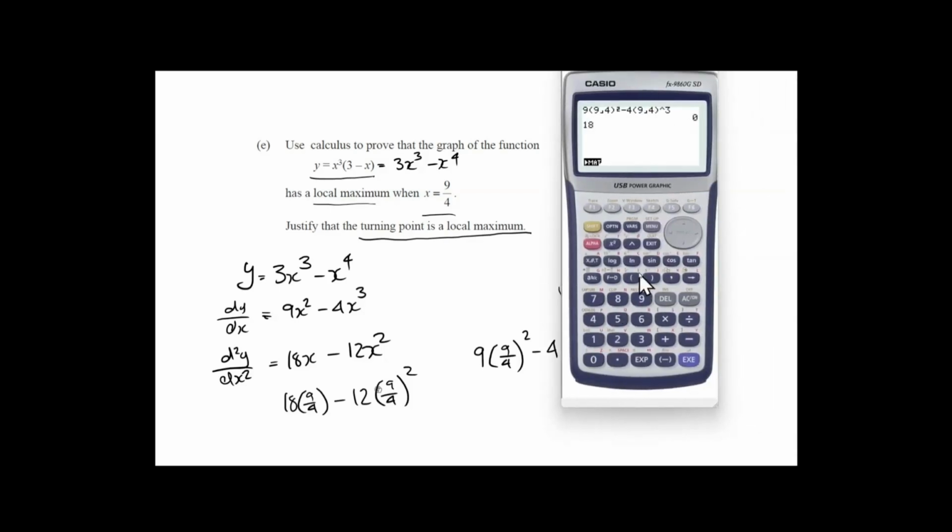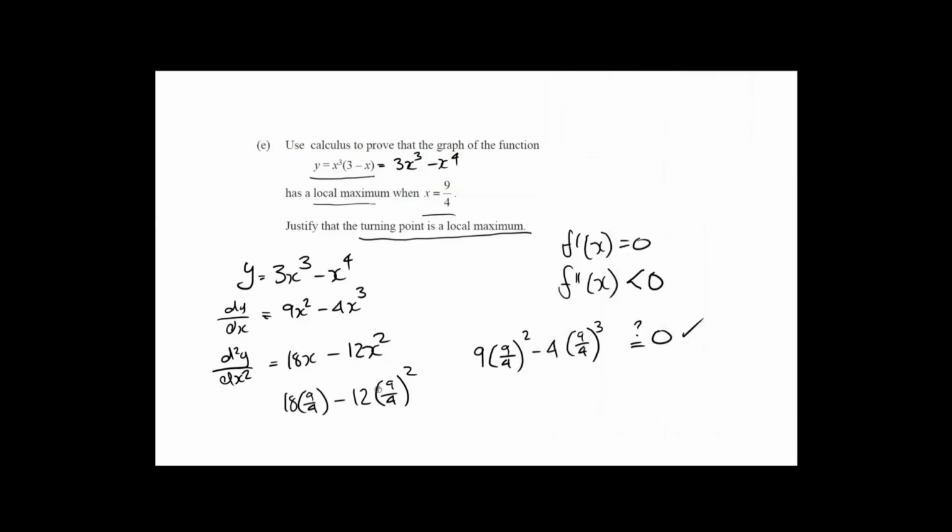So 18 times 9/4 minus 12 times 9/4 squared, and that's a negative number. It's negative 81/4, so therefore it's a maxima. So it fits both of those conditions. Up to question 3 already.